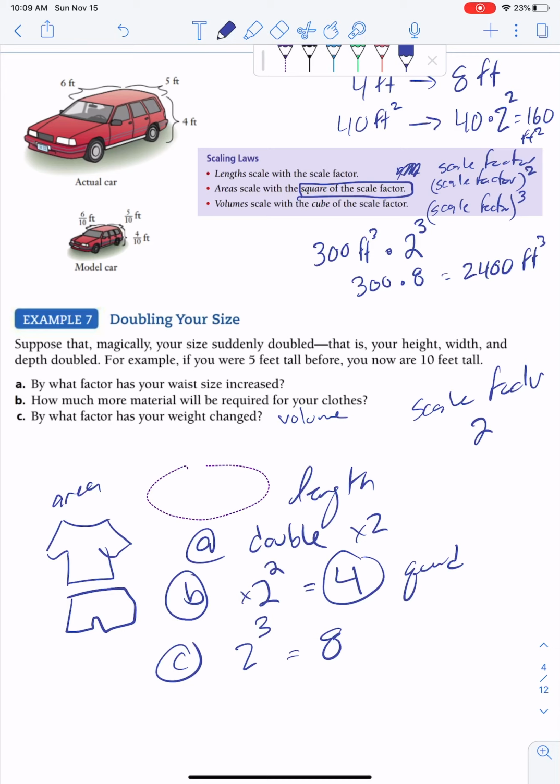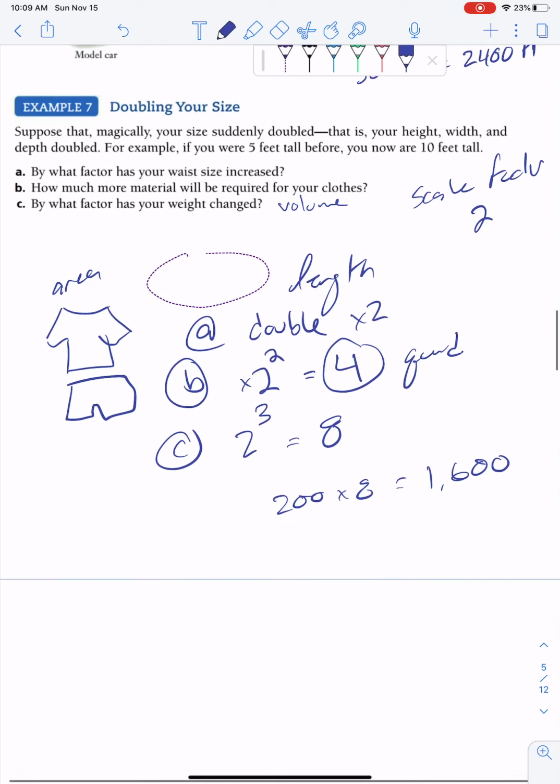So if I double in size, I have to multiply my weight by 8. So if I weighed 200 pounds to start with, and I doubled in size, now I'm going to weigh 1,600 pounds. Theoretically, again, I have some issues with that, but that's what it's referring to as volume.